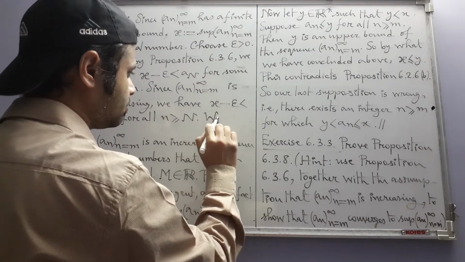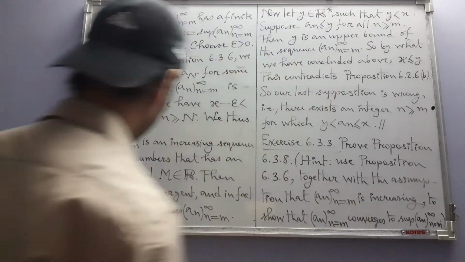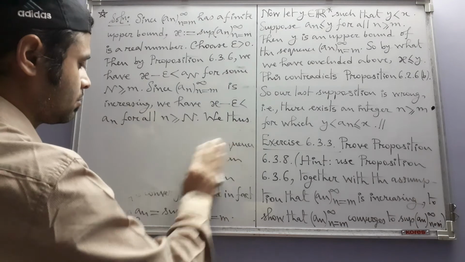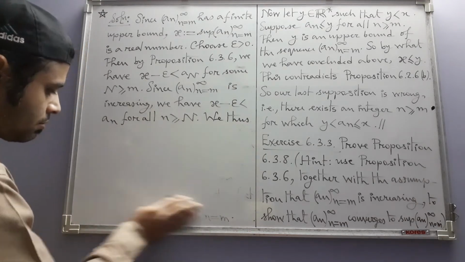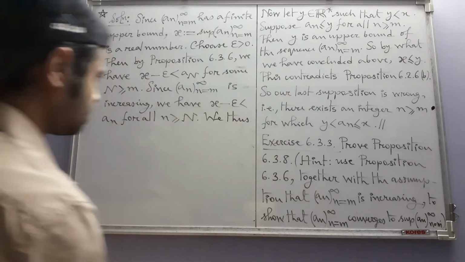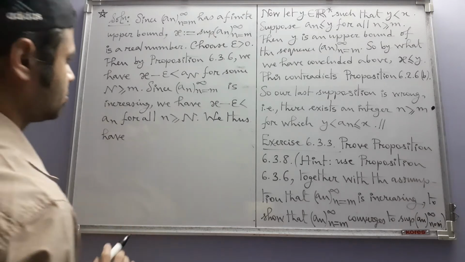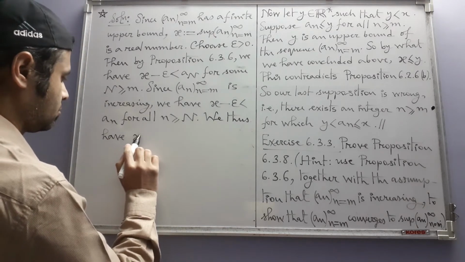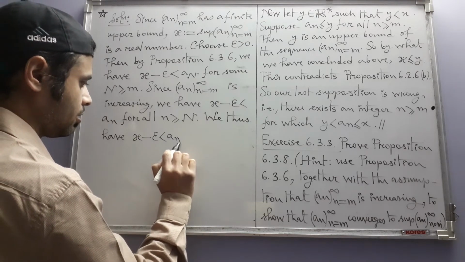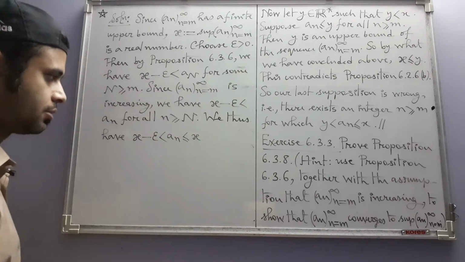We thus have x minus epsilon less than a_n, and a_n is less than or equal to x.